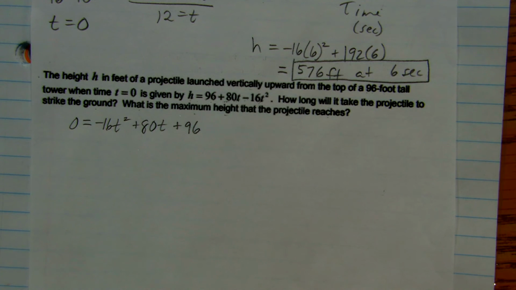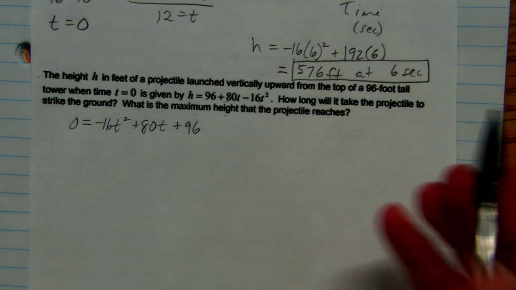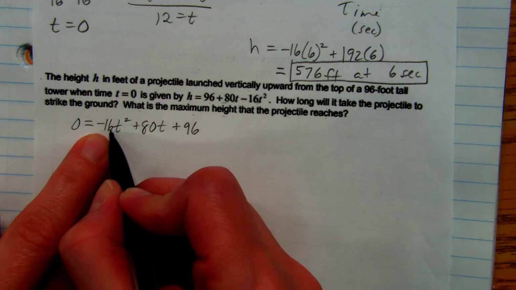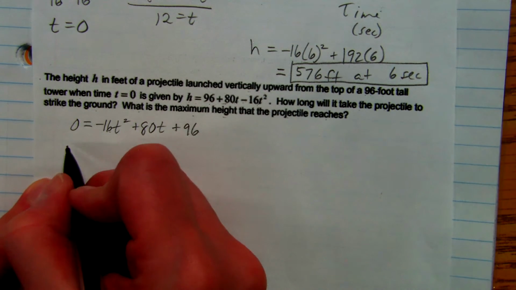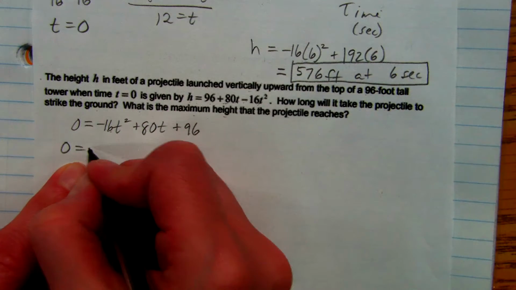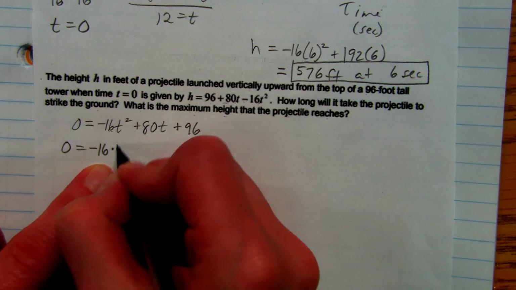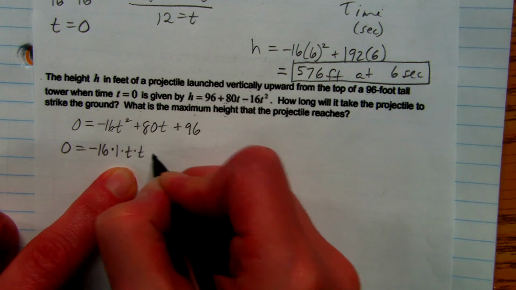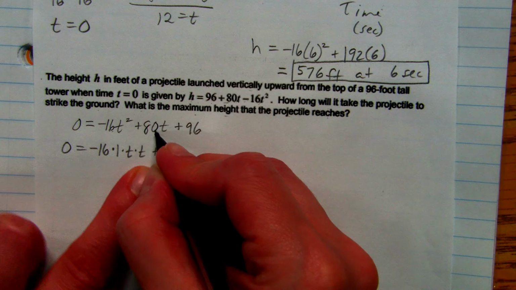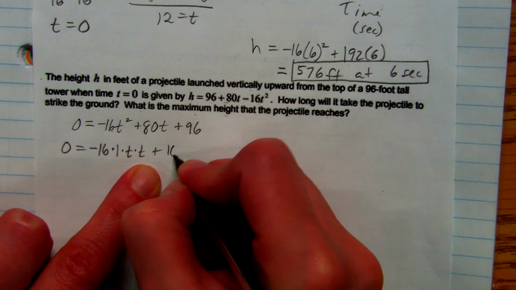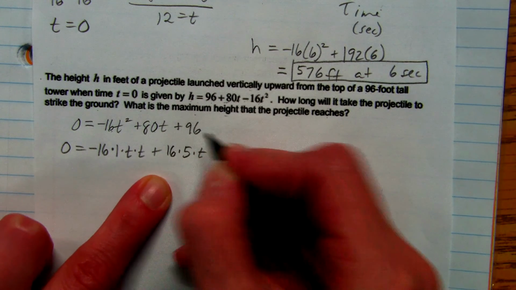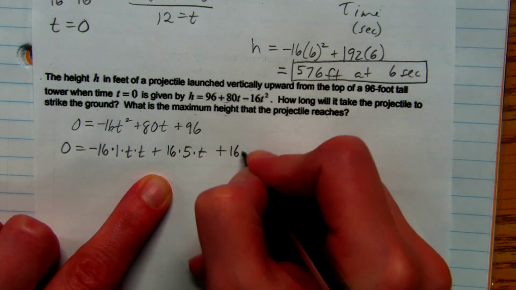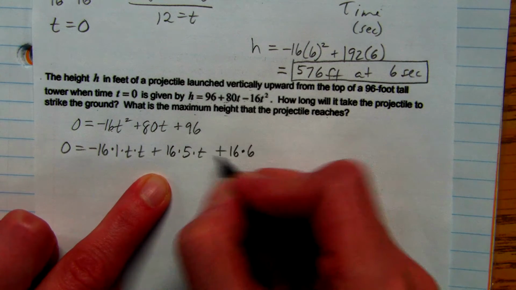Is everyone cool? Okay, now I'm going to see if I can take negative 16 out of both of these. I can because I checked this ahead of time. So let's go ahead and do that. This would be negative 16 times 1 and then t and t. 16 times 5 is 80. So I'm going to write that as 16 times 5 times t. And then 96 is 16 times 6. I didn't have these memorized.